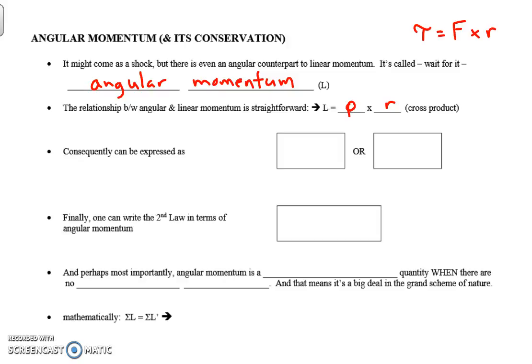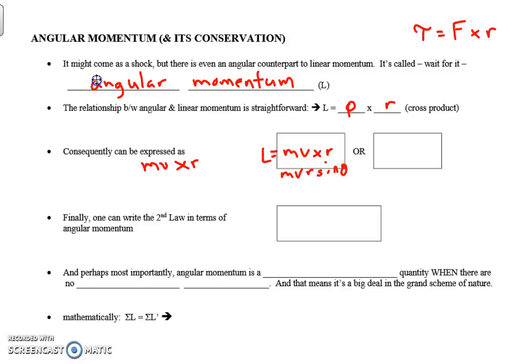We can express it two ways from this general idea. We know that linear momentum is mv, so that's going to be mv cross r. One way of saying L is that it's mv cross r, which really translates to mvr sine theta, where theta is the angle of the lever arm. So it's very similar to torque.